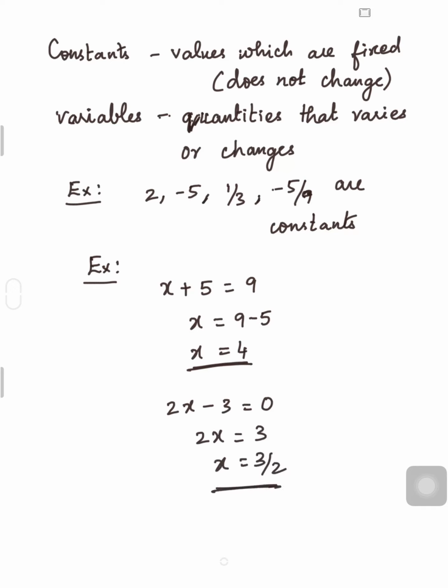Here the value of x is 3 by 2. So the value of the variable x changes according to the problem. In this problem the value of x is 4, and in this problem the value of x is 3 by 2. So it keeps varying according to the problem.